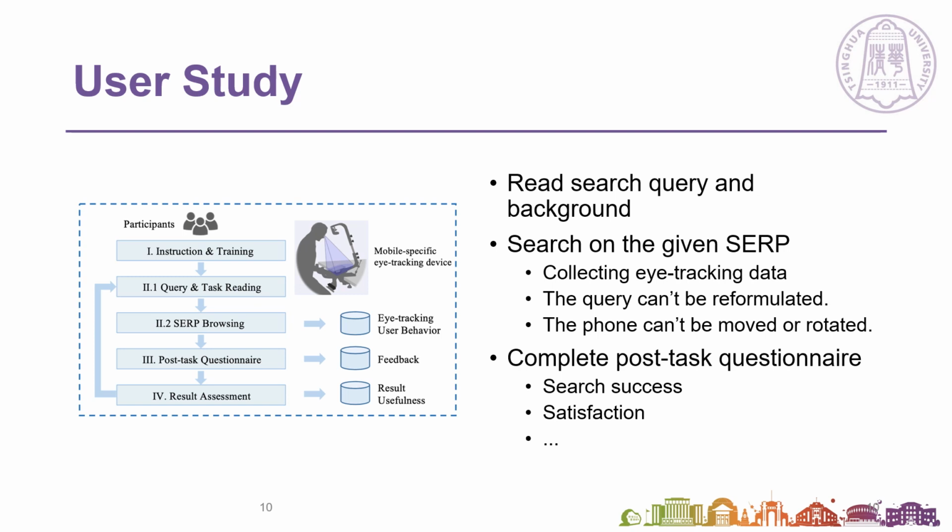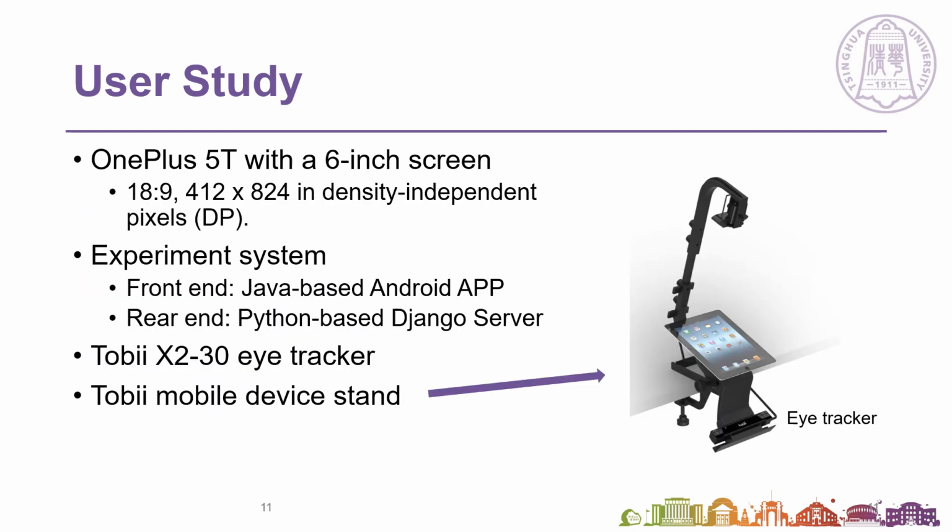Next, users need to browse the given SERP on a mobile phone. They can hold the phone, but they cannot move or rotate it. We also collect some feedbacks from users about the search process, such as the search success and satisfaction.